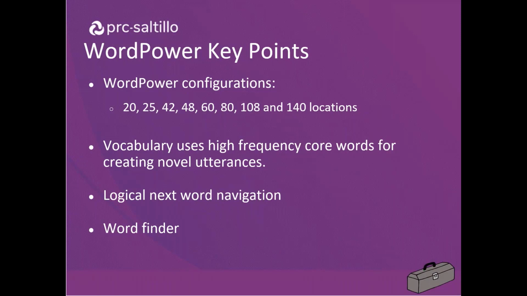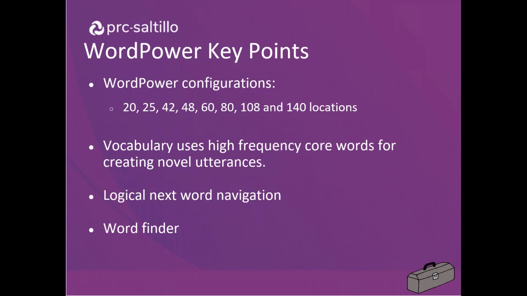We do have those 20 and 25 for vision and motor and scanning needs, but if we're thinking about trying to move them up, the words start to move. There is a little bit more of a memory, motor plan based approach with WordPower and how it's organized. So if I start moving those core words he really knows how to use, by moving him from 20 to 42 or 60, he's got to relearn where those are. He's got to rescan the page to find those.